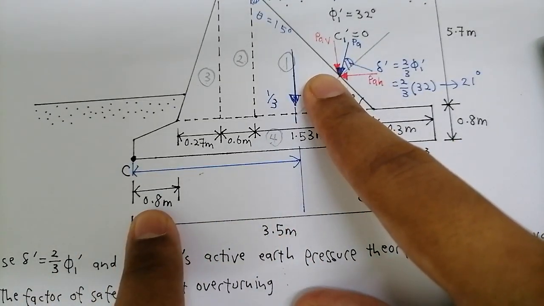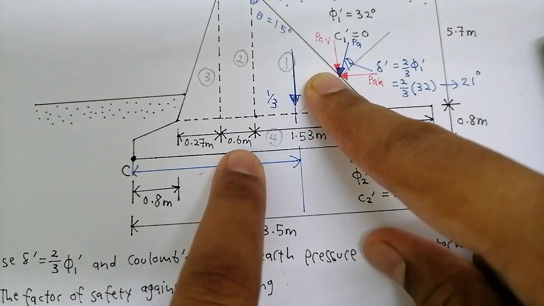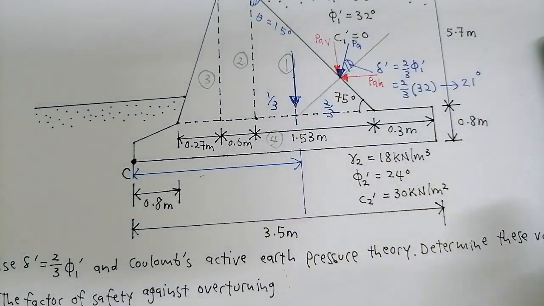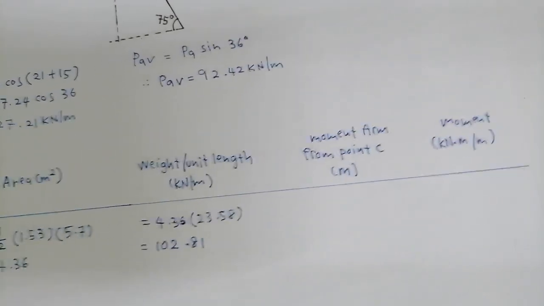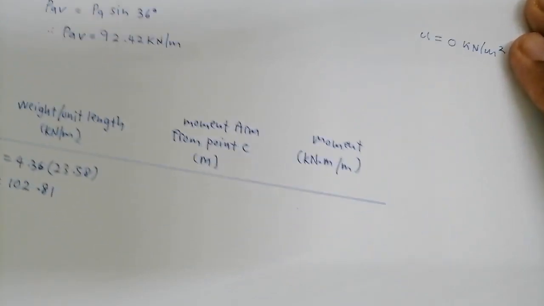So 0.8 plus 0.27 plus 0.6 plus 1/3 from 1.53. Okay, let me write this for you. Okay, wait, can you see?